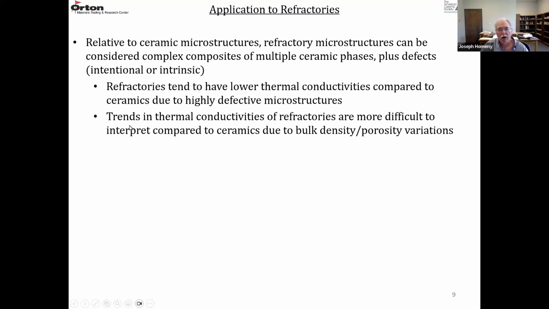And this more complex microstructure makes the trends in thermal conductivities of refractories more difficult to predict. And they have a complex bulk density porosity relationship. So they're just harder to see trends in these materials.